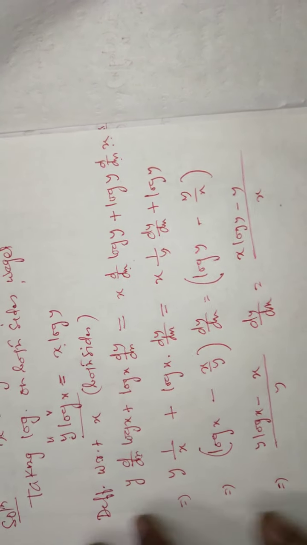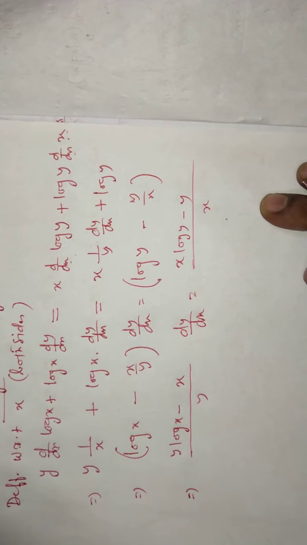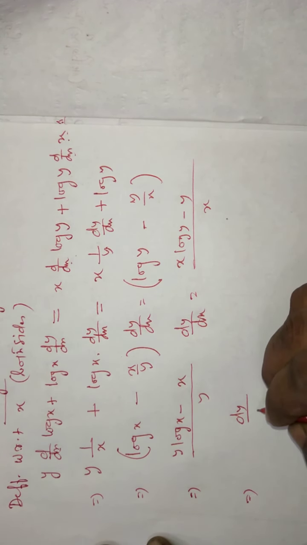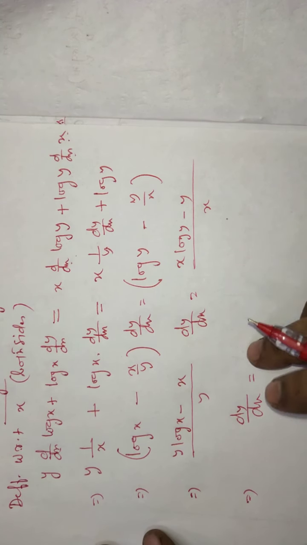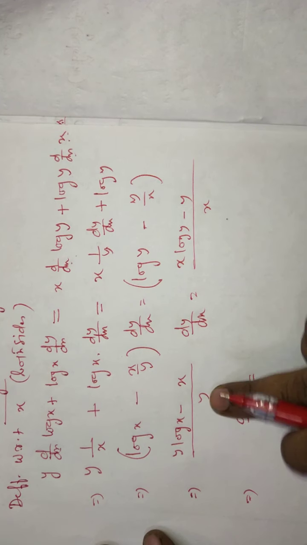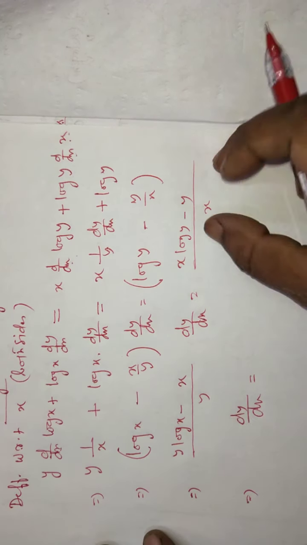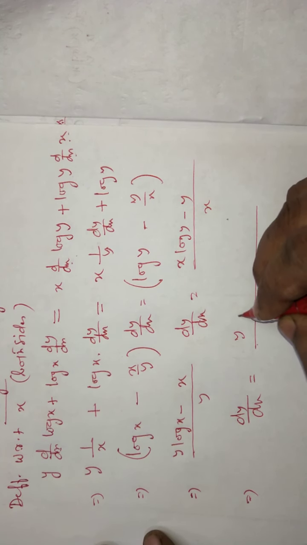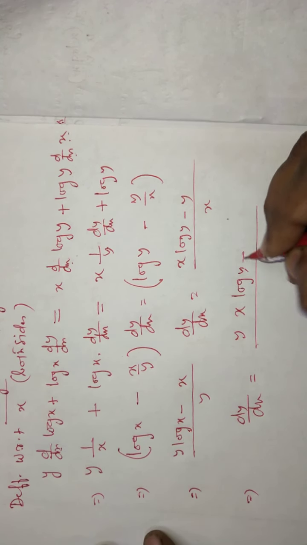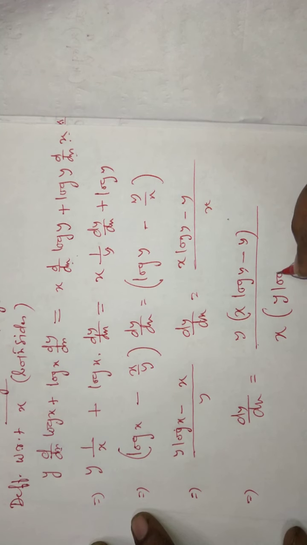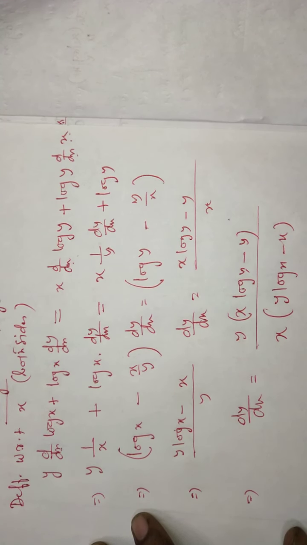Now finally you are going to find the value of dy by dx. So dy by dx equals, in this type of problem, what will happen? The denominator goes down, y will be multiplied with it and this figure will be multiplied with x. Simply cross multiply. y into x log y minus y, and x into y log x minus x.